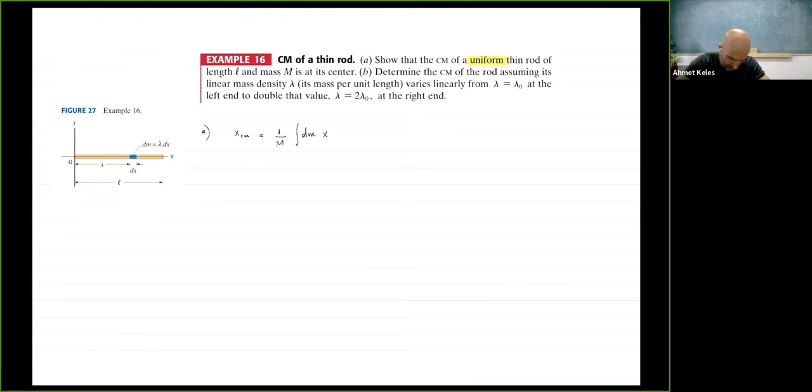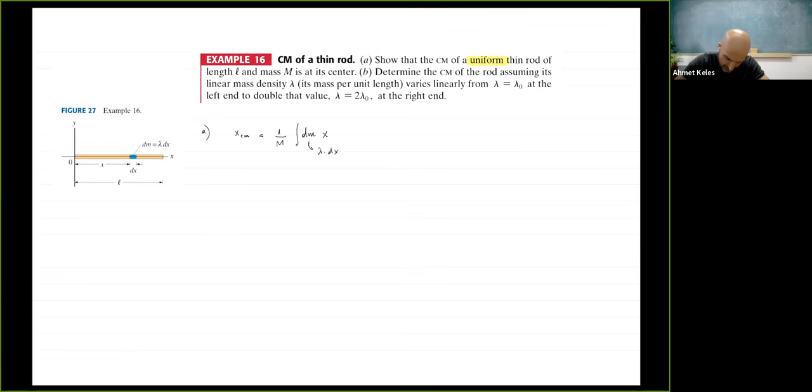So the geometry is something like this. I choose just a little chunk, and this I call dm, and its coordinate is x, so I put x here. And now I want to write this dm in terms of x because it's a reasonable integration variable. So for that I use, because this is uniform, lambda times dx.